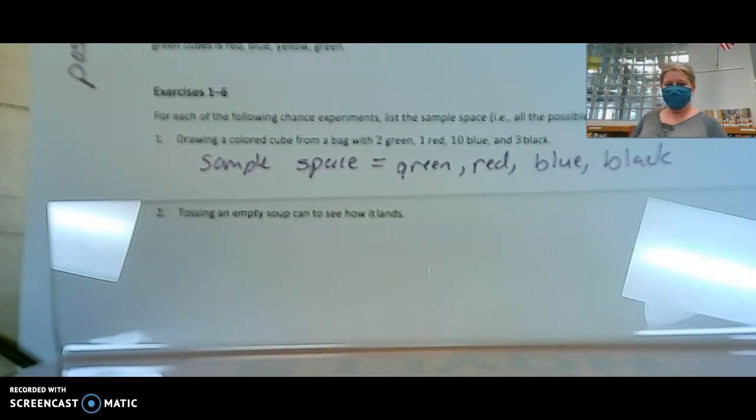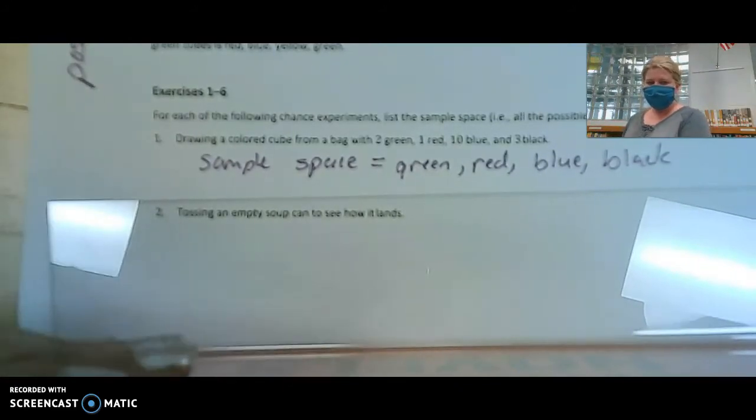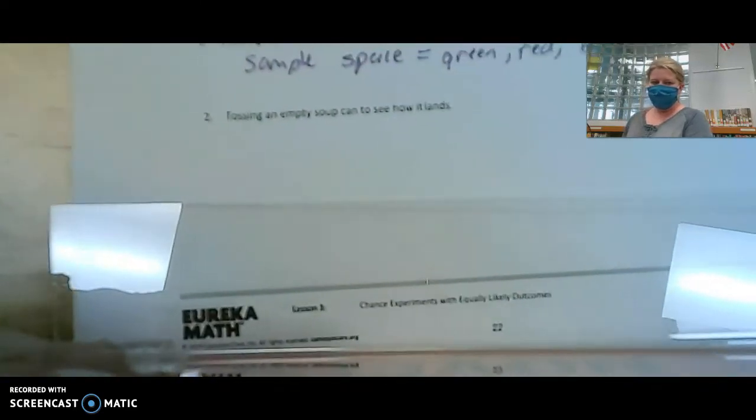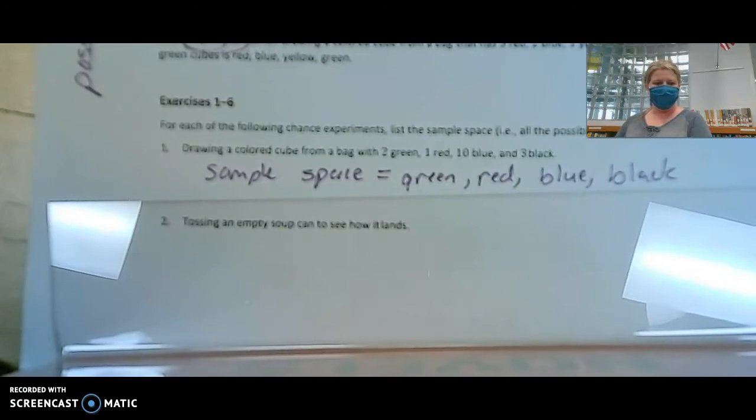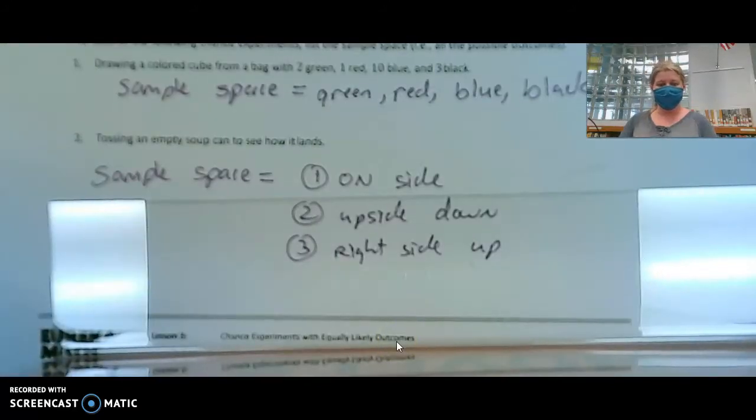Moving on, the sample space for tossing an empty soup can to see how it lands. So with a soup can, it would be just like the cups. It could land right side up, upside down, or on its side. Make sure you have that recorded, and then we'll move on to the next page. Pause if you need to.